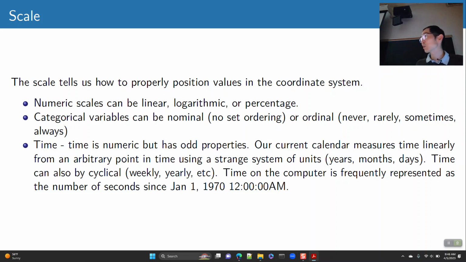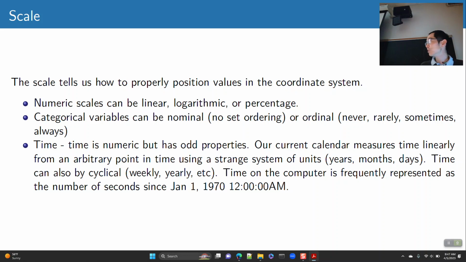Never, rarely, sometimes, always, or small, medium, large, extra large. There's a natural order there. But if I say, hey, put the states in order, what does that even mean, right? You go alphabetical order, I guess, or the order they joined the union? I don't know. Or is it by population, right? So certain things don't have any kind of order, right?